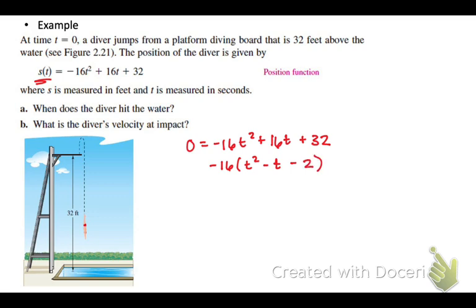Factors of 2 that have a difference of 1: 2 and 1. So t would equal negative 1 and 2. What does t stand for again? Time. Can time be negative? No. So when does this diver hit the water? At 2. 2 what? Seconds.